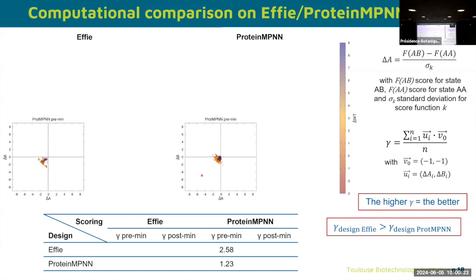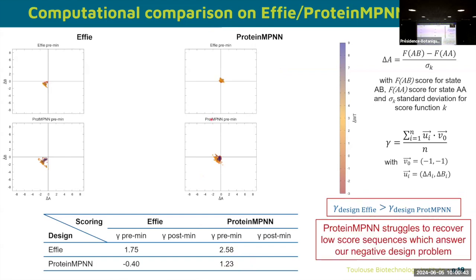When we score with EFI, we have the same tendency, but it's even worse for the ProteinMPNN designs, with differences more in the positive area of the graph. That shows that ProteinMPNN struggles to recover the low-score sequences that answer our negative design problem.